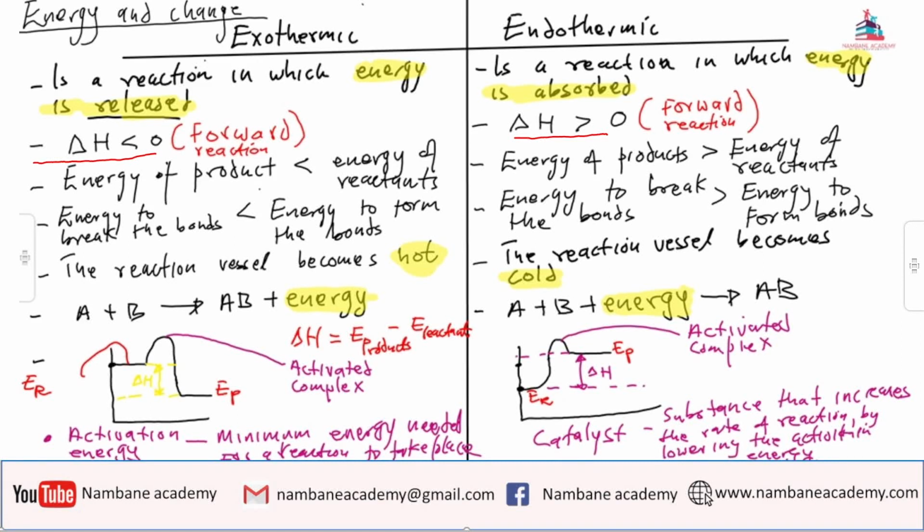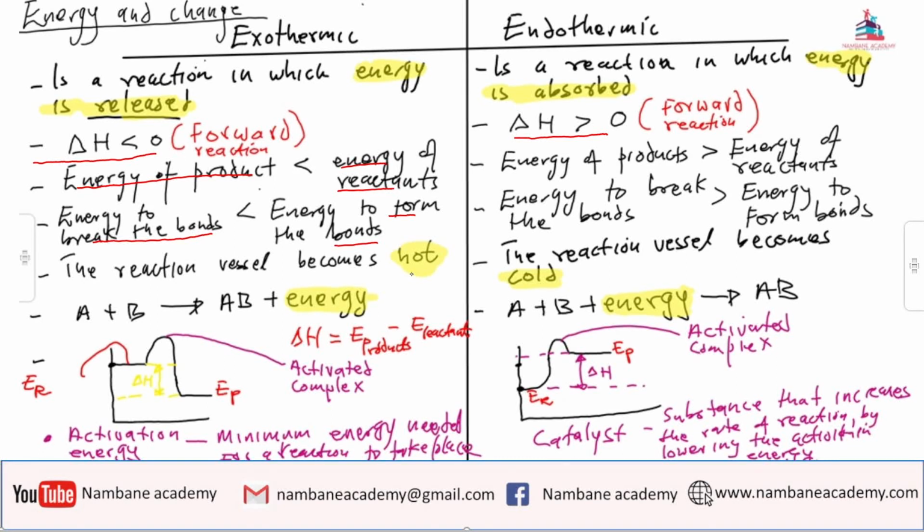Or within the statement itself it can easily be said that the energy of the products is less than the energy of the reactants, or the energy to break the bonds is smaller than the energy to form the bonds. So all these are critical statements that one must look for in that particular examination.